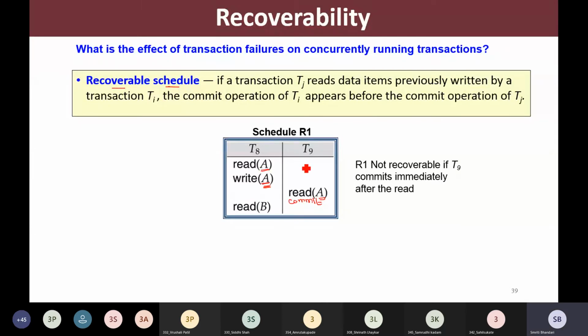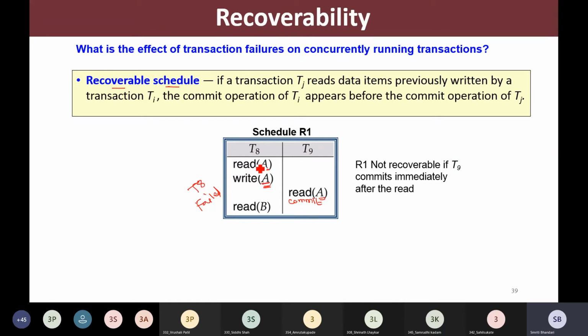So if T9 commits early and afterwards we find that due to some problem T8 has failed, then T8 is rolled back, meaning all the updates are reversed.